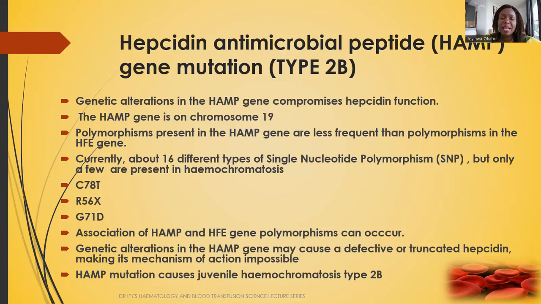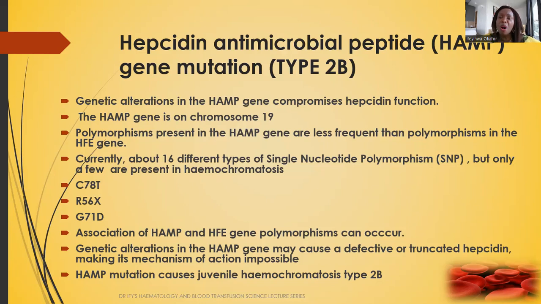Polymorphisms present in the HAMP gene are less frequent than polymorphisms in the HFE gene. Currently, we have about 16 different types of single nucleotide polymorphism in the HAMP gene, that is the hepcidin antimicrobial peptide gene, but only a few of these have been described or implicated in hemochromatosis.